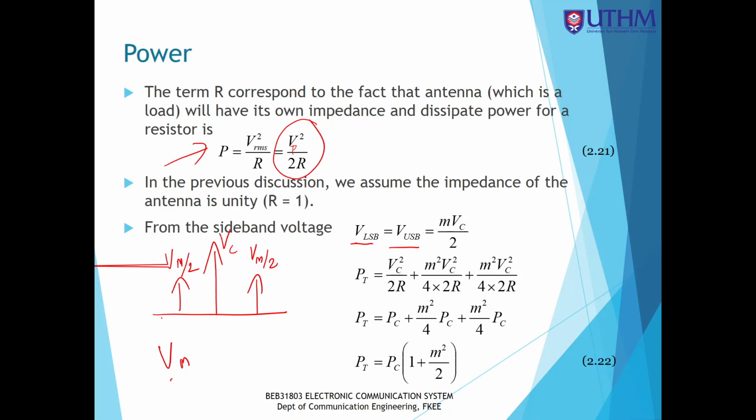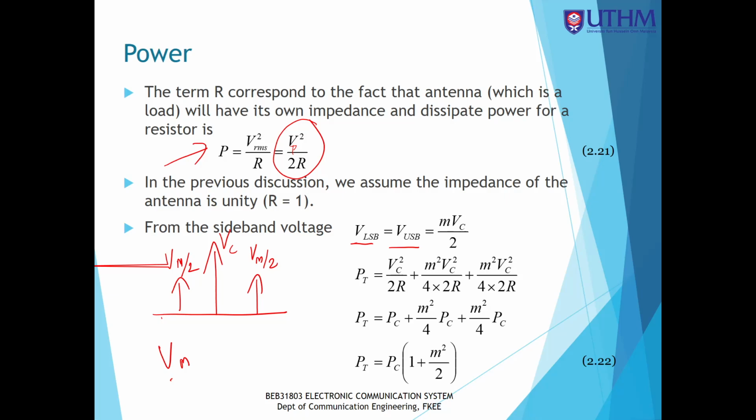So if we rearrange the equations, you will see that VC squared over 2R is actually the carrier power. And VC squared over 2R here is also the power component. So the equation is rearranged again to be M squared over 4 PC.